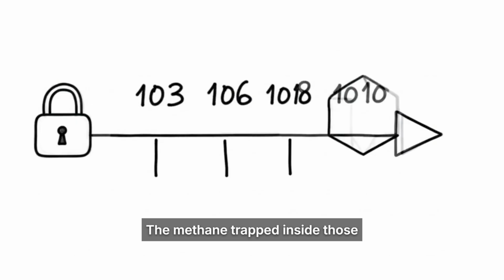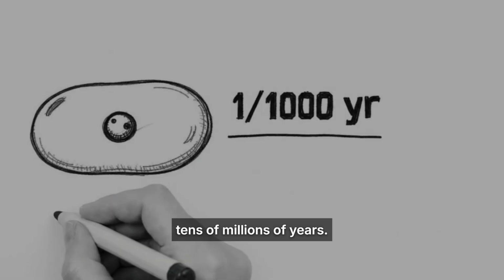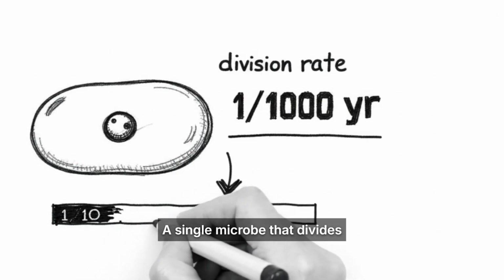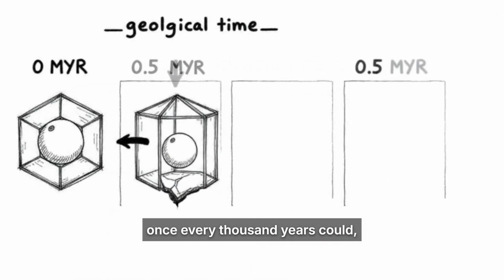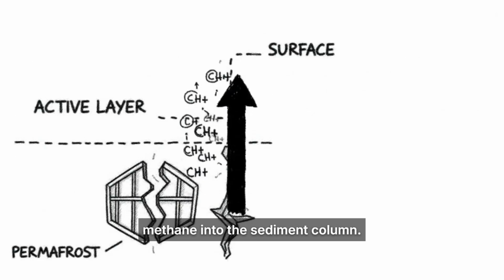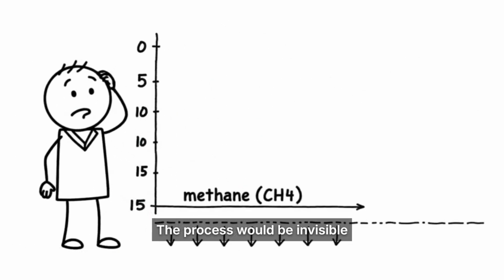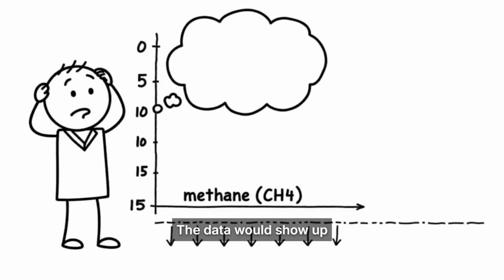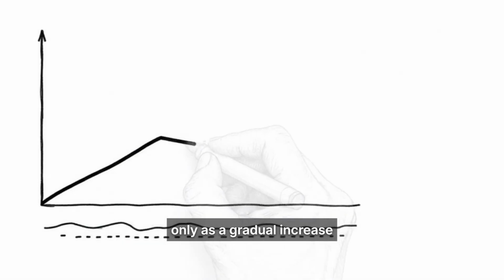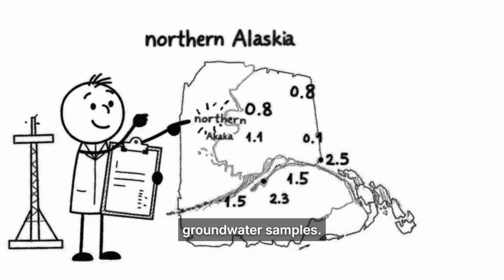The methane trapped inside those crystals has been isolated for tens of millions of years. A single microbe that divides once every 1,000 years could, over geological time, create pathways that release that methane into the sediment column. The process would be invisible from the surface. The data would show up only as a gradual increase in methane concentration in deep groundwater samples.